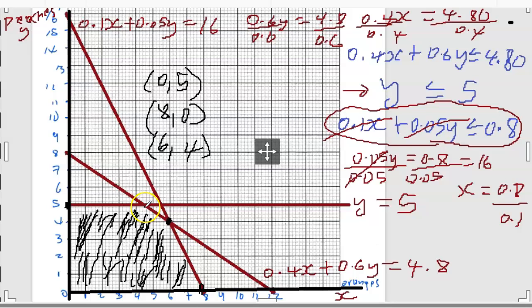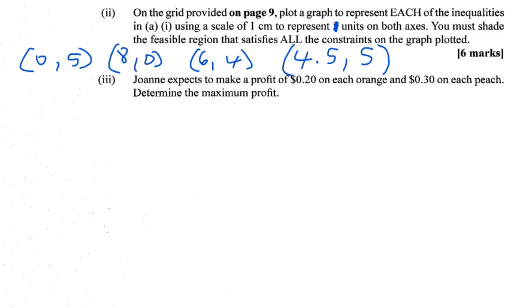And the other one seems to be 4.5 for the x and 5 for the y. So these are all our corner points or critical points. Let's just copy these now to the question paper. So these are our critical points from the graph.